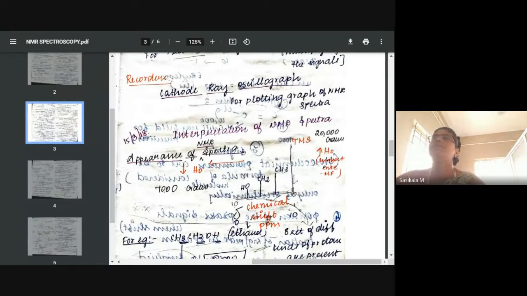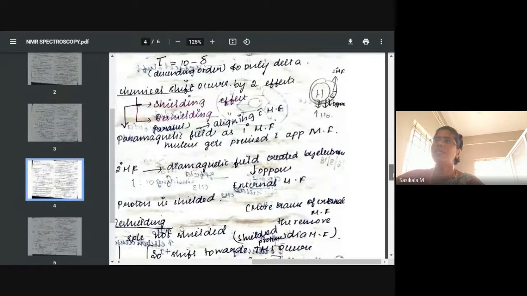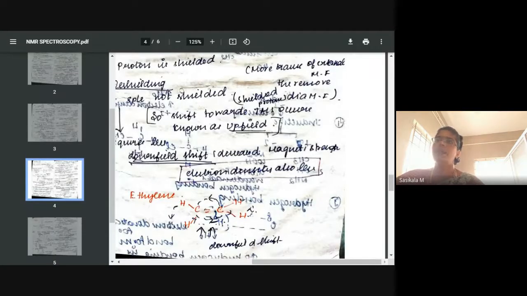Got it? Away from TMS is the downfield shift, towards TMS is the upfield shift. So this is caused by the shielding and de-shielding effect, that is due to what? The diamagnetic field. And it is explained with examples of compounds.